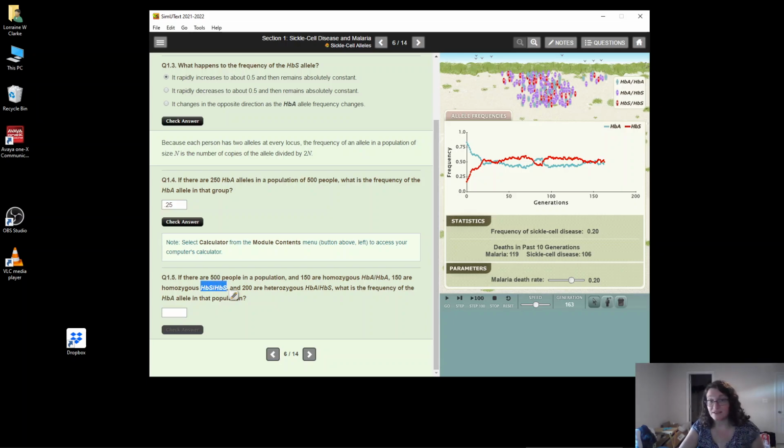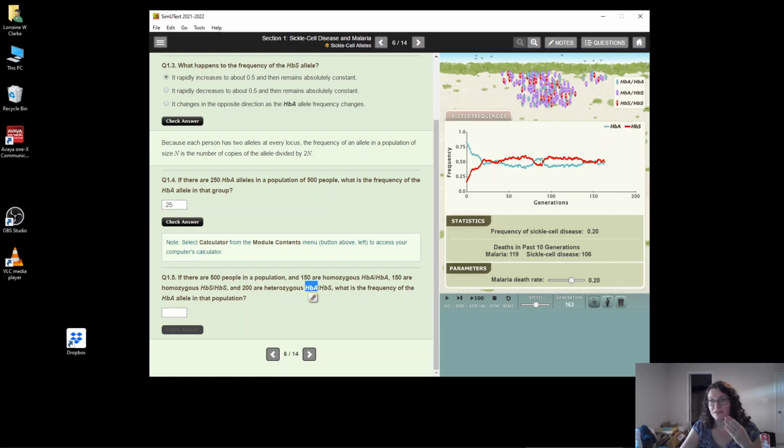Okay, that's the big S, so it's the other homozygote. 200, so what we actually are going to have is 300 here, plus, let's just find the HBA, okay? 300 in these 150 homozygotes, and 200 in these heterozygotes, because only half of them, so you don't multiply by 2.